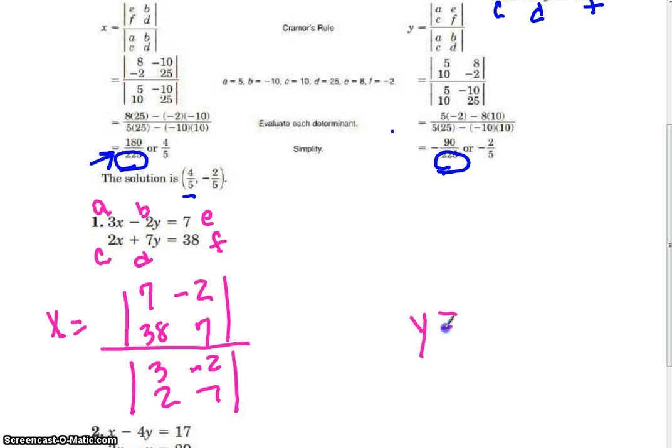Then for Y, I would just go ahead and set it up while I was at it, is AECF. So 3, 7, 38 over whatever we get here.